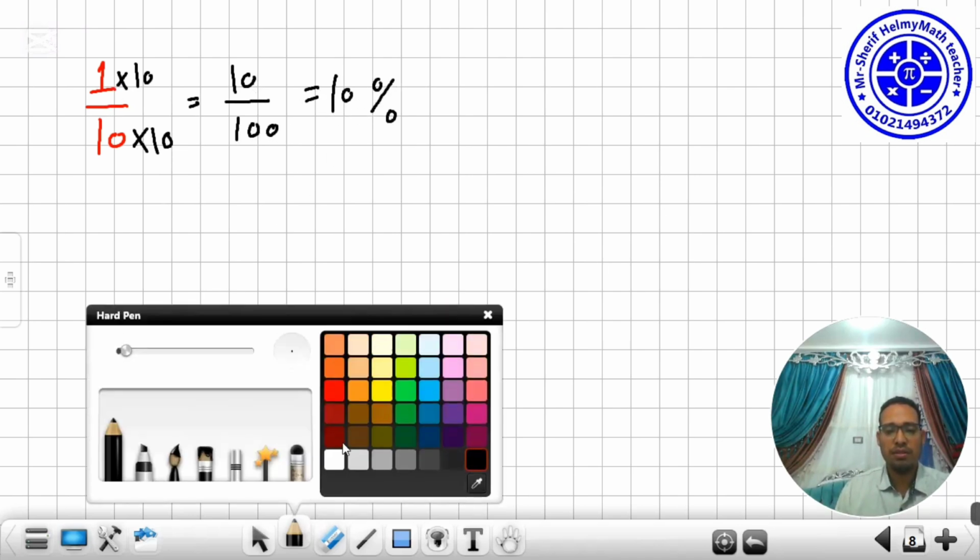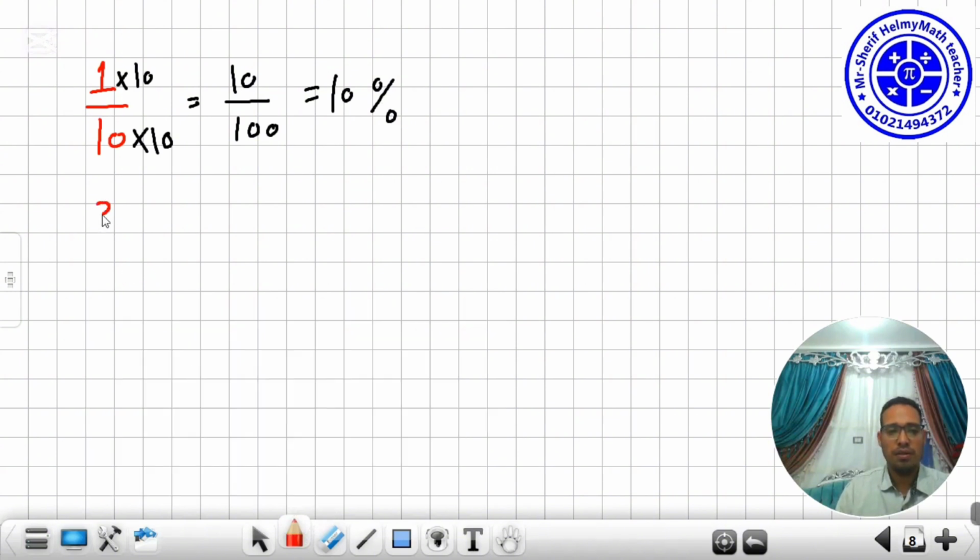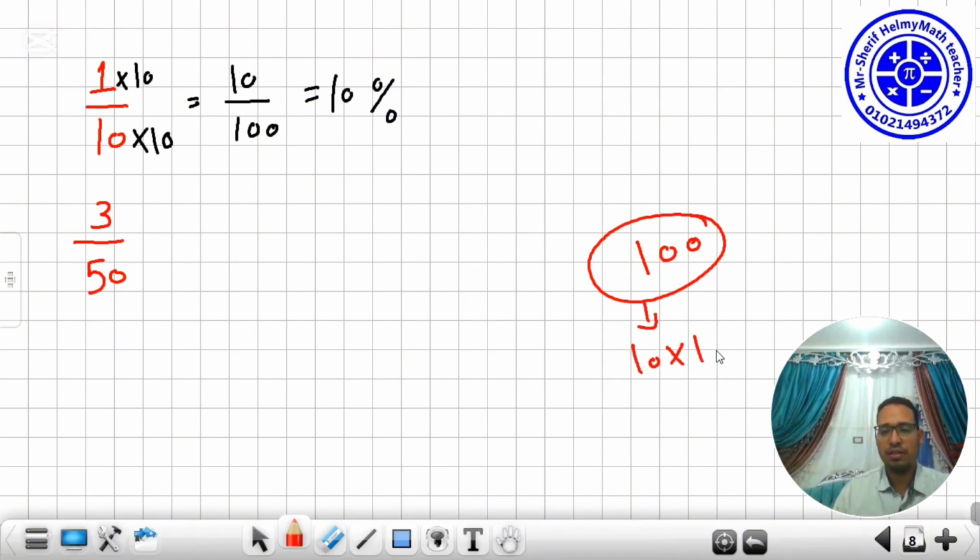Another example, 3 over 50 for example. I want to write the numbers that give you 100. 10 times 10, and 4 times 25, 2 times 50, and 5 times 20.